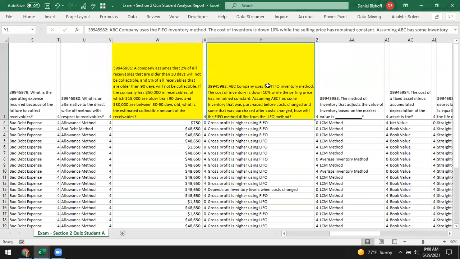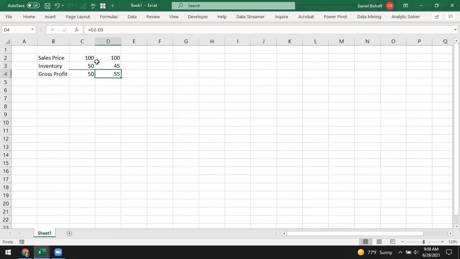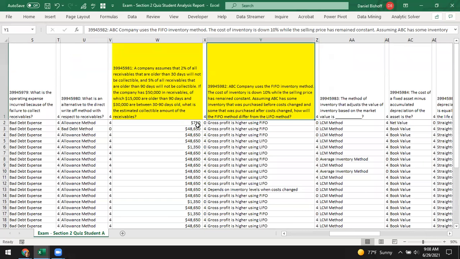Now it is asking, how will FIFO differ from LIFO? So first in, first out, the inventory is older. So this would be a FIFO scenario because this is our old inventory cost, and this would be a LIFO, last in, first out, because this would be our new inventory cost. So in this scenario, gross profit is going to be higher under LIFO.